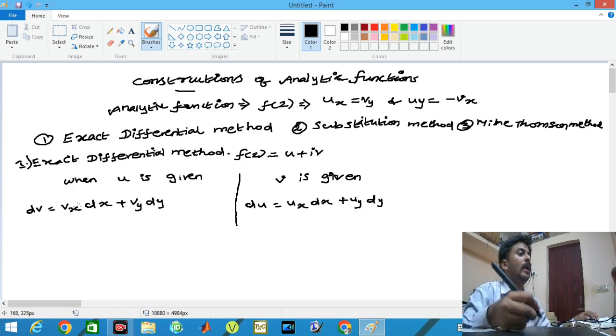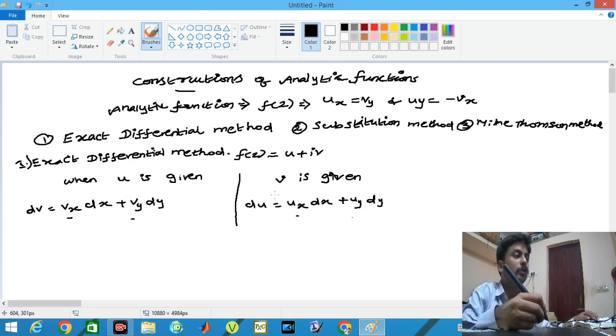But is it possible to find vx and vy since only u is given? Also, is it possible to find ux and uy when we have only v? These are not possible to find directly.